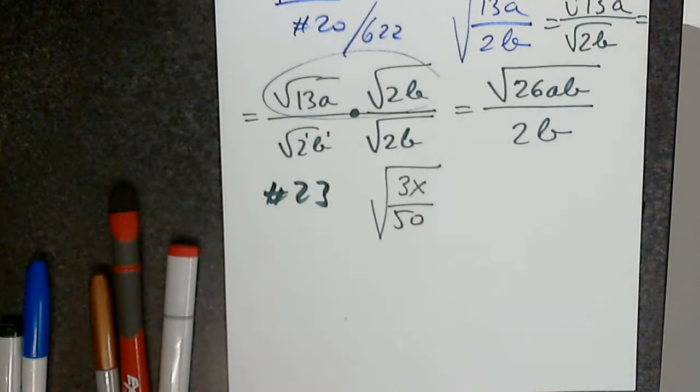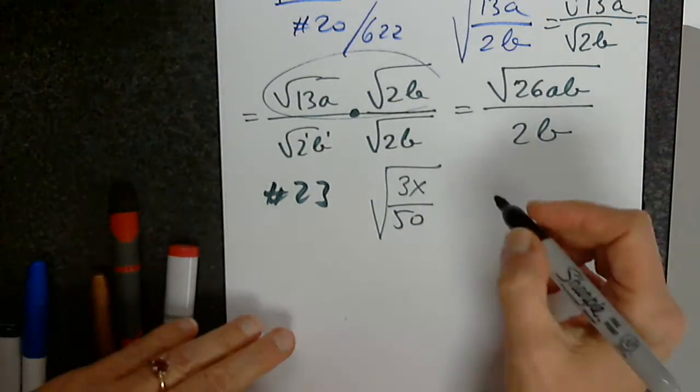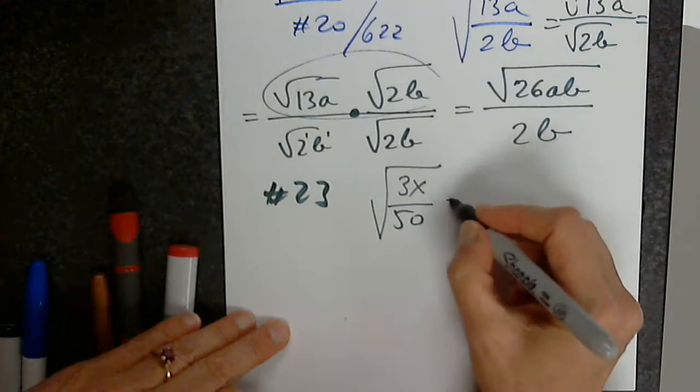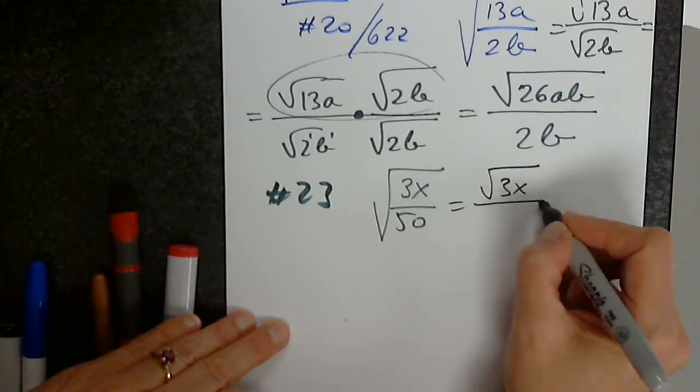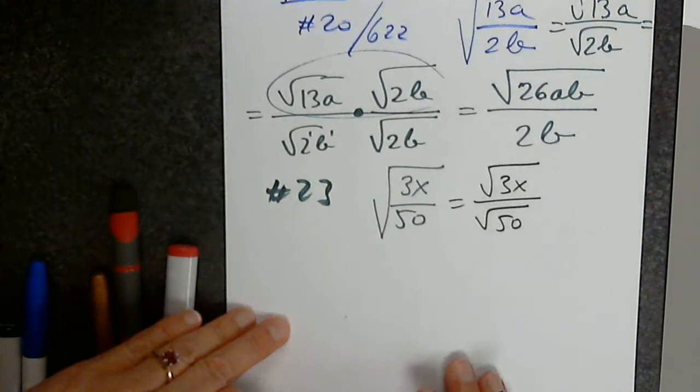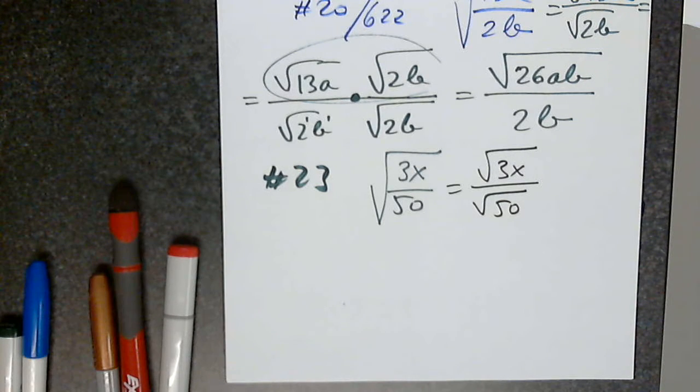The first thing I have to perform is what? Yes, there is nothing I can simplify, so I have to rewrite it as the square root of 3x over the square root of 50. I realize that the only problem here is the radical in the denominator, but I have to simplify that radical.